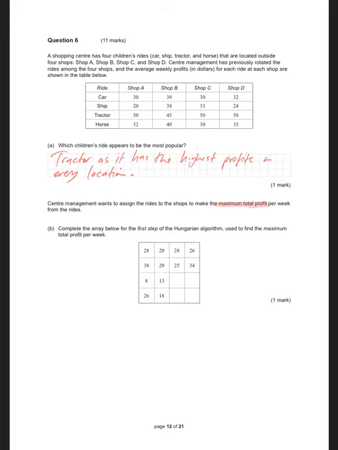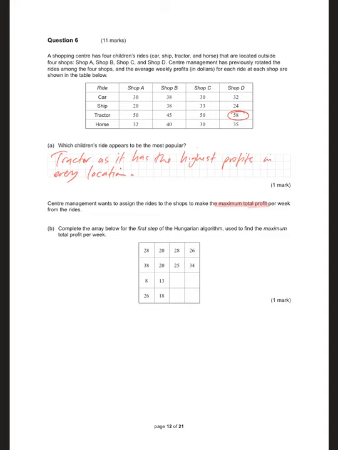Complete the array below for the first step of the Hungarian algorithm used to find the maximum. So they've done part of the maximization step. So you're subtracting all of the numbers from 58. So just check that they actually did this properly. 58 minus 30 is 28. Okay, you're going to have to trust it.